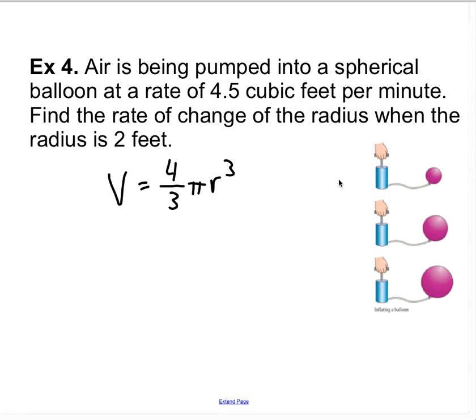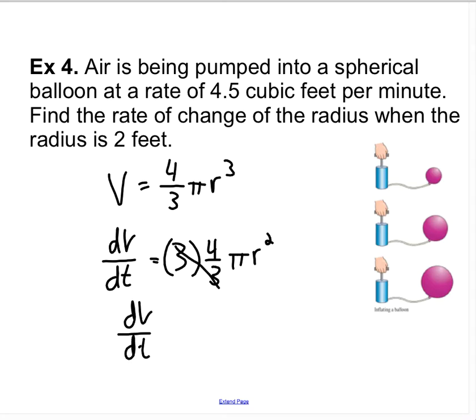So anyways, that's my equation that relates my volume and my radius, and now we're going to differentiate again with respect to t. I almost forgot my chain rule there.